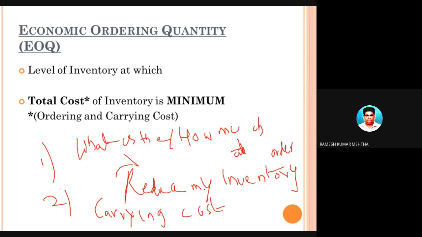Okay, reduce your inventory carrying cost. For example, one of my friends is doing cashew nuts business, and he has assumed that there is going to be a demand of 80,000 kilos during the year. Now, will he purchase all 80,000 kilos in one stroke? No, because he has to store it.